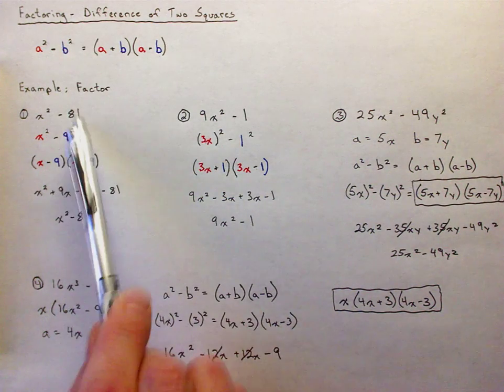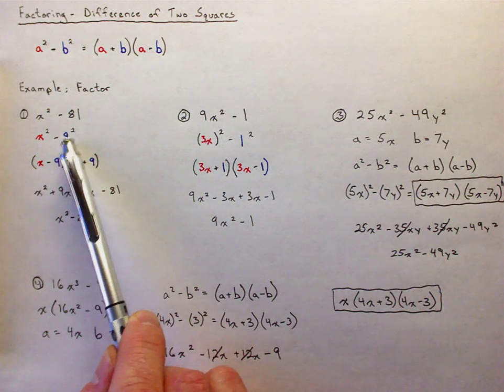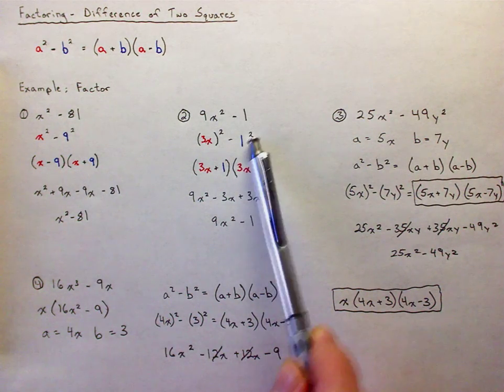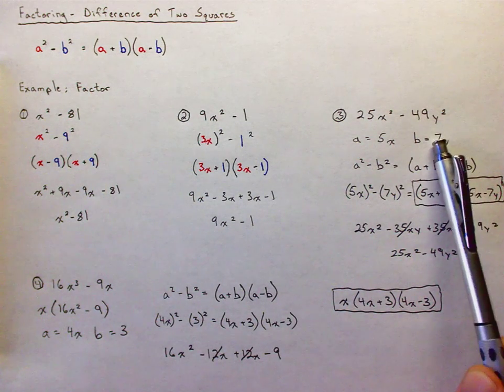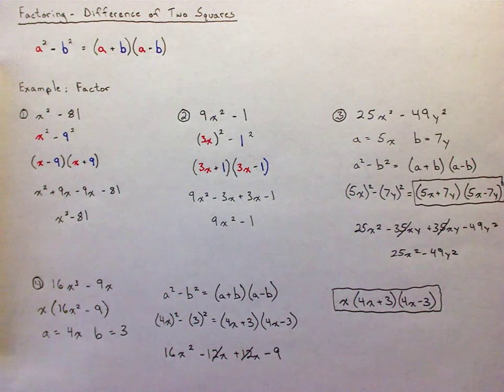You'll be given a perfect square and you have to be able to understand that 81 can be written as 9 squared, 1 can be rewritten as 1 squared, 49 can be rewritten as 7 squared, or 25 can be rewritten as 5 squared. So it's about being able to visualize, and how you come about that is working those homework problems diligently. Okay guys, critically think and structure your homework, and good luck on your homework problems dealing with difference of two squares.